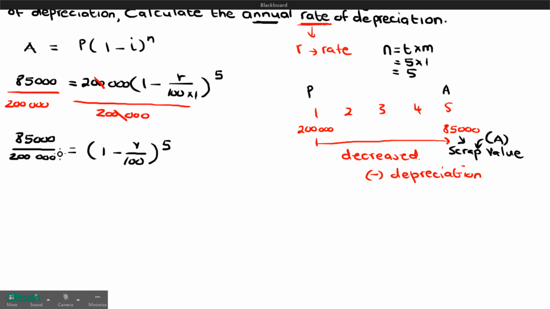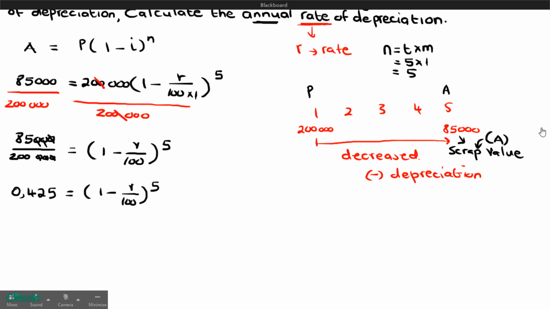The zeros cancel out, so what is 85 over 200? It is 17 over 40, which is the same as 0,425. So 0,425 equals to 1 minus R over 100 to the power of 5.